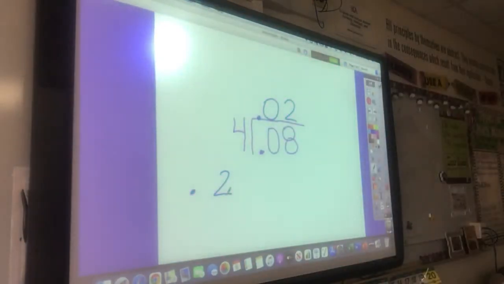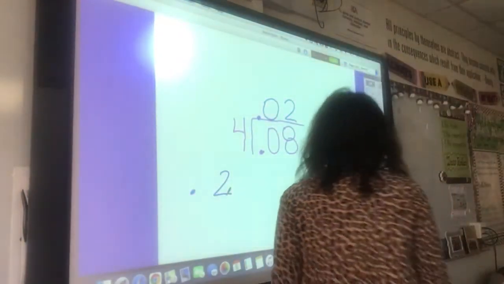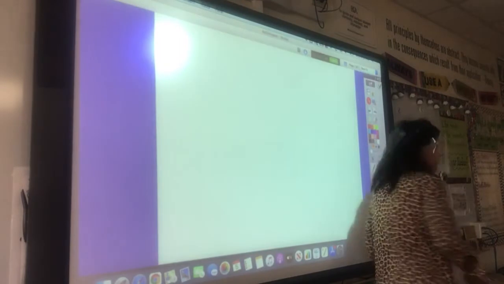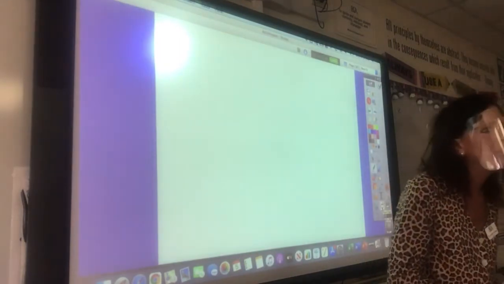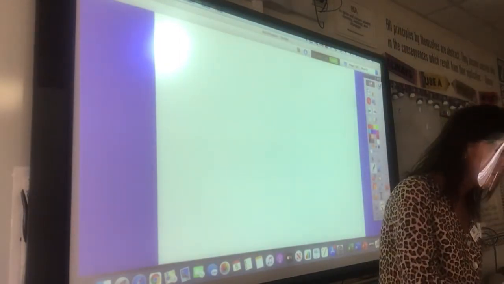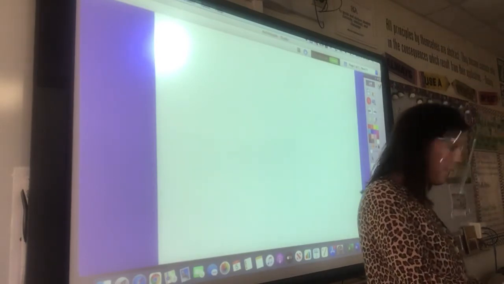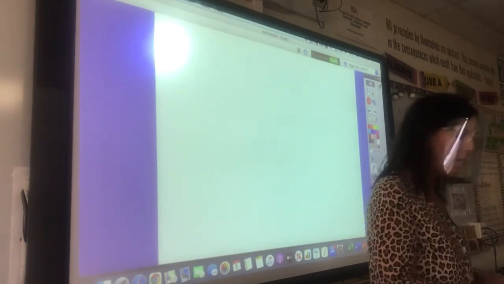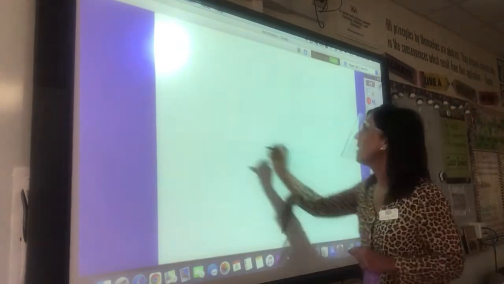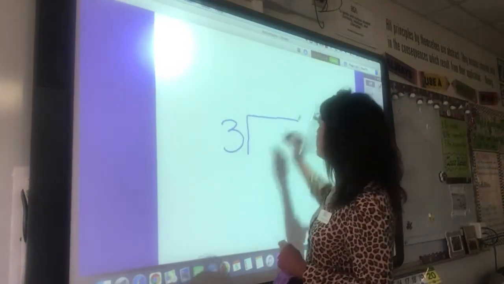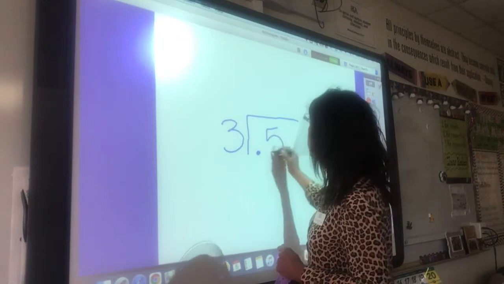Okay, so let's go to your whiteboard and we are going to do some decimal division. You'll be able to use your short division, which we talked about earlier this year, while we're doing this. For instance, on this problem, let's put 3 into 0.51.